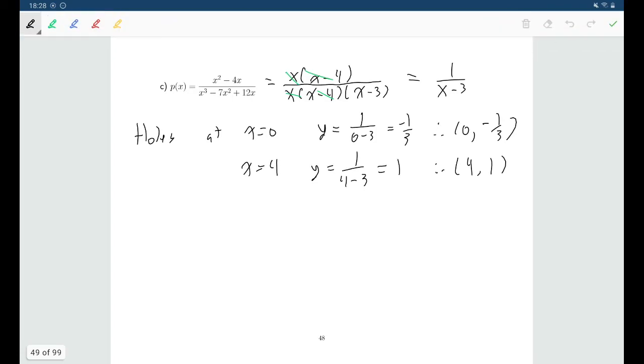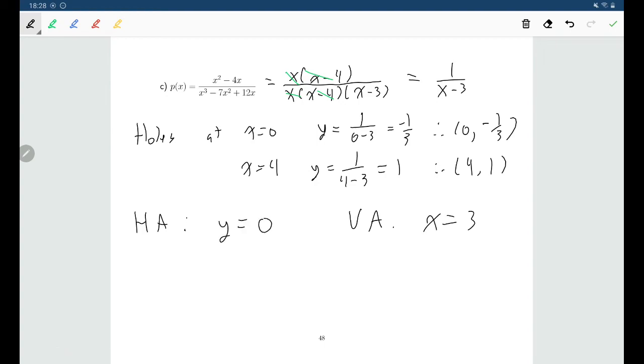Next, for vertical asymptotes and horizontal asymptotes. For vertical asymptotes, we can see there's this x minus 3 that remains in the denominator. So x equals 3, that should be my vertical asymptote. As far as horizontal asymptotes, the degree of the bottom is the larger degree. So that means that the horizontal asymptote should be the line y equals 0.